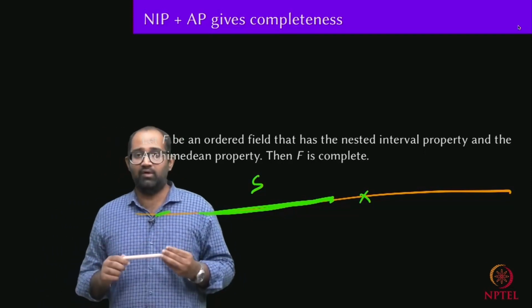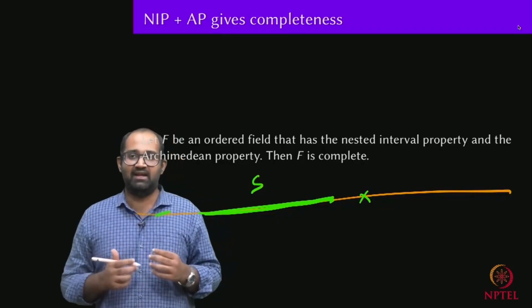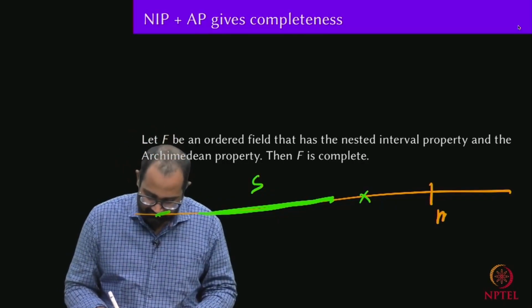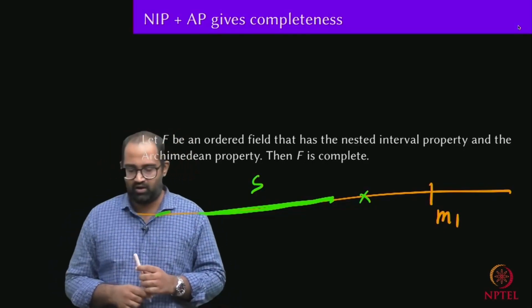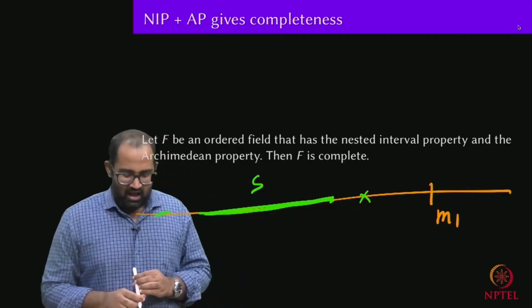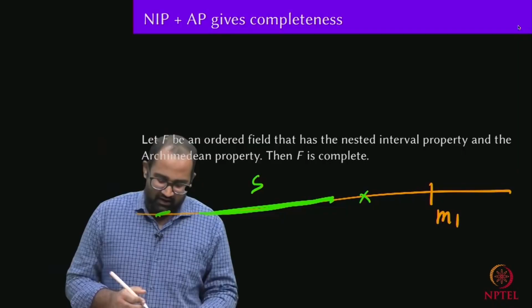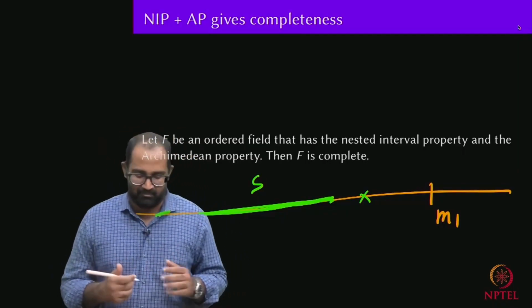Well, all we know is that the set S is bounded above, and that immediately by very definition gives you an upper bound. Let's say that upper bound is M1. Now I am going to assume that the set S is non-empty, otherwise again things are nonsensical. Every non-empty set that is bounded above must have a least upper bound. That is what completeness says.